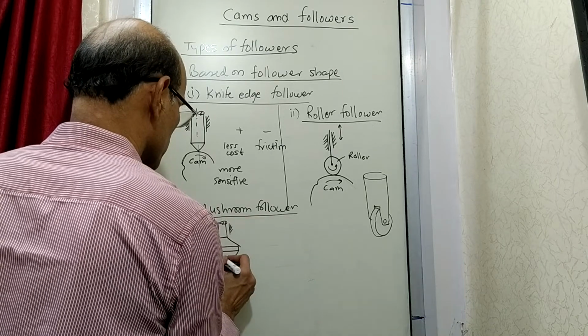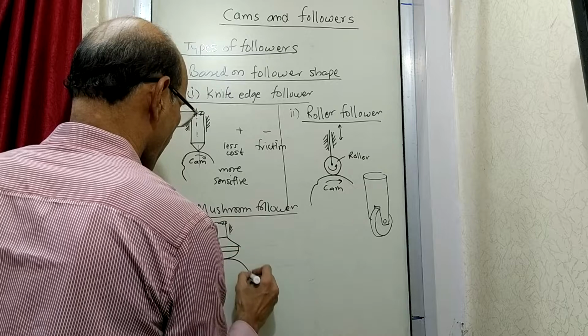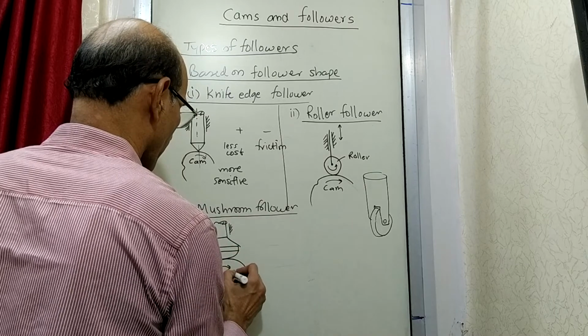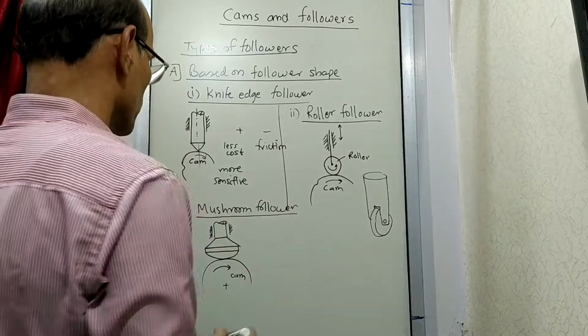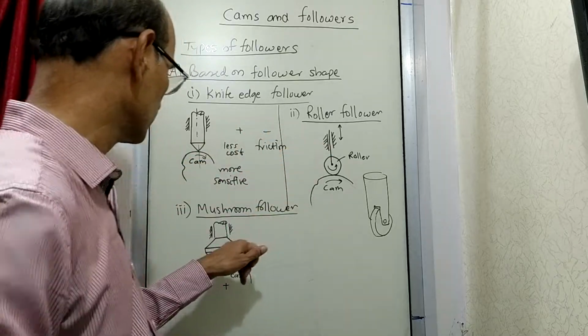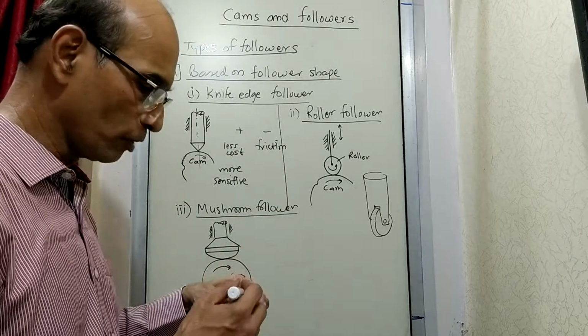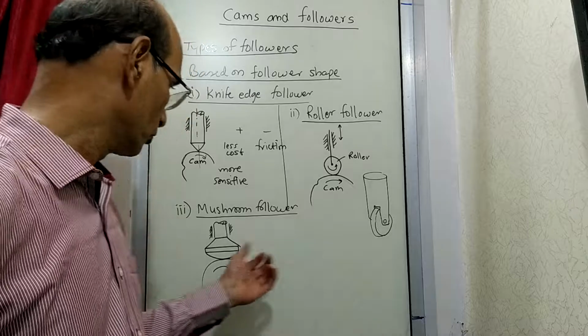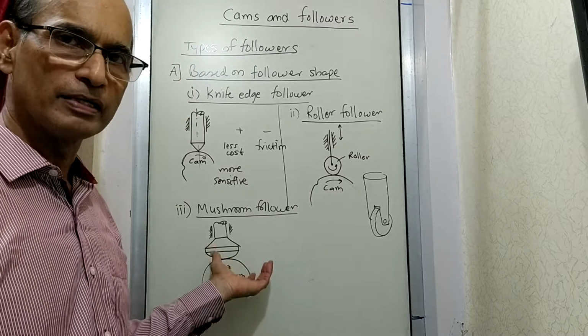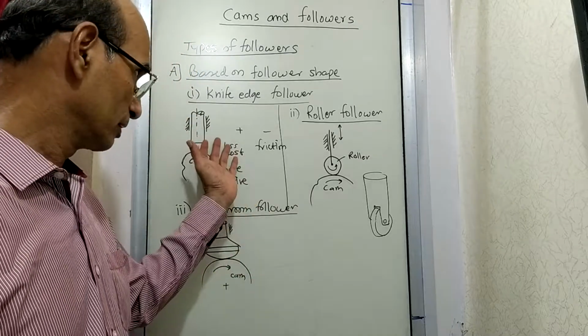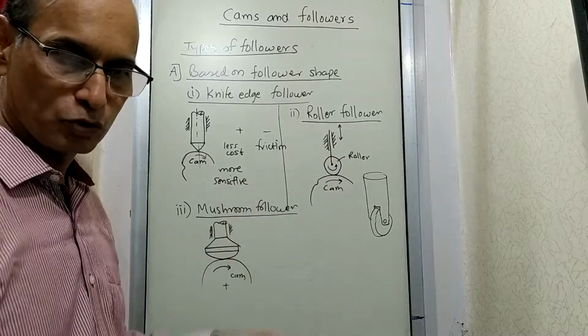And then under this there is a cam. So the shape of the follower like this, the third is mushroom follower. Now we are not going into the details of mushroom follower, only we are looking at this as one of the types, type 1, type 2, type 3 and so on.